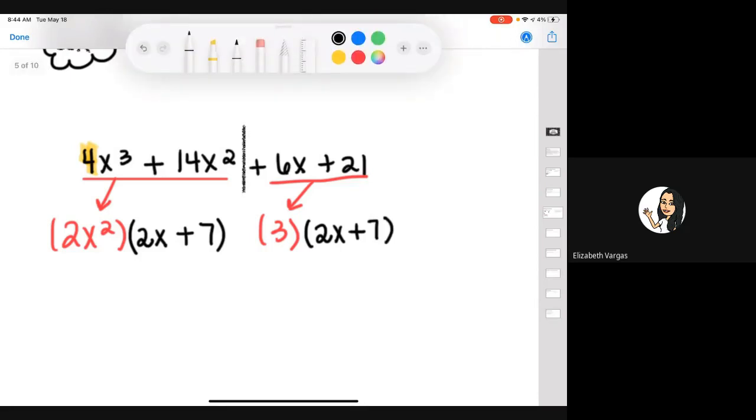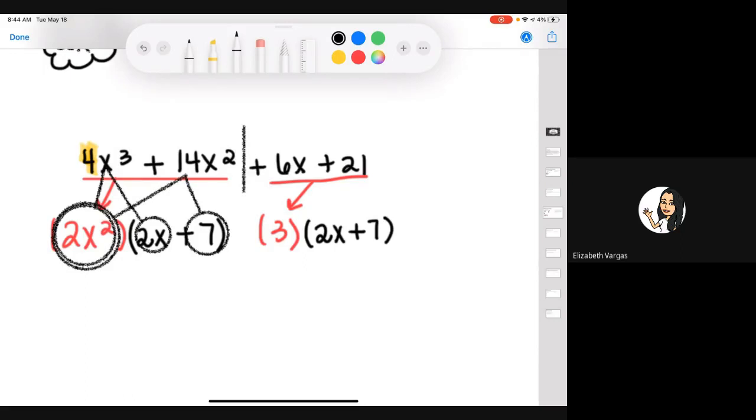Okay, so basically what I'm doing is now that I have my greatest common factors on the outside, what I need to identify is what I need to multiply by that greatest common factor to give me my original value. So 2x squared times 2x will give me 4x cubed. 2x squared times 7 will give me 14x squared.